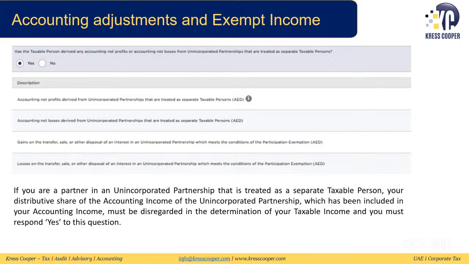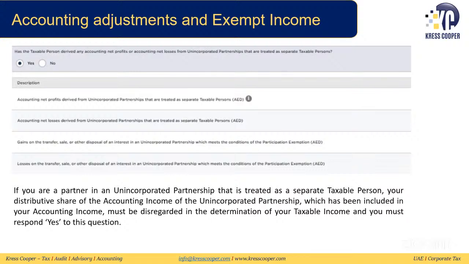And if you have marked it as yes, then it will ask you again to exclude this income from your financials. If that unincorporated partnership is now being treated as a separate taxable person, you will need to put in this figure so that it can be excluded from the accounting profit.